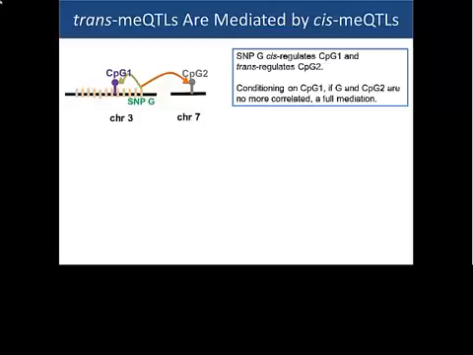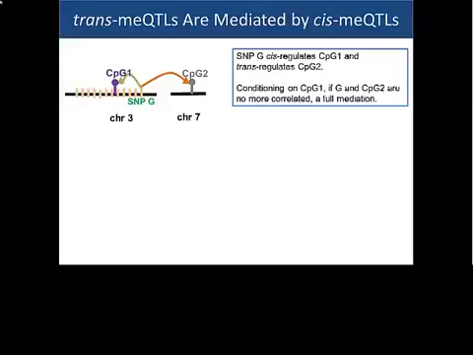Now, by conditioning on CpG1, if the SNP and the CpG2 are no more correlated, then we say this is a full mediation. So the CpG1 can fully mediate the trans association.